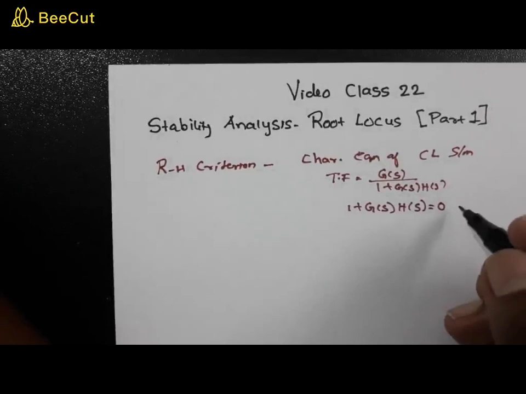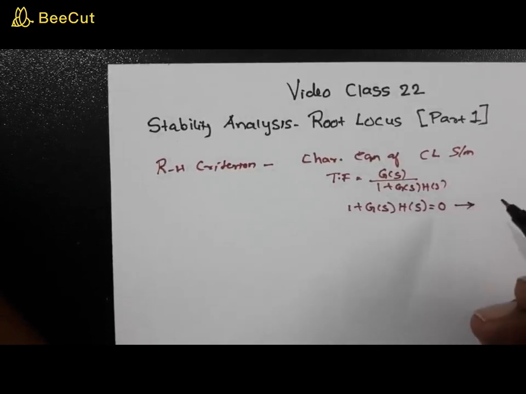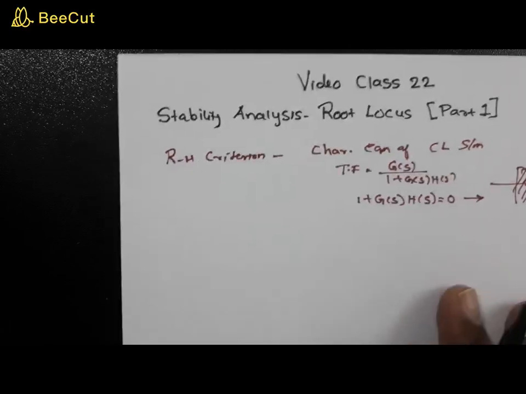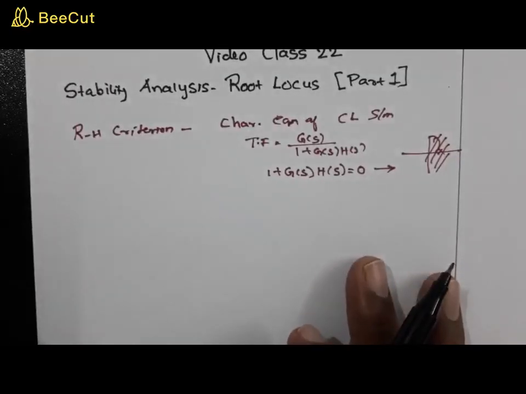Solving this characteristic equation, we see whether the roots are on the left half or the right half. If any one of the roots lies on the right half, then that's it, the system is said to be an unstable system.